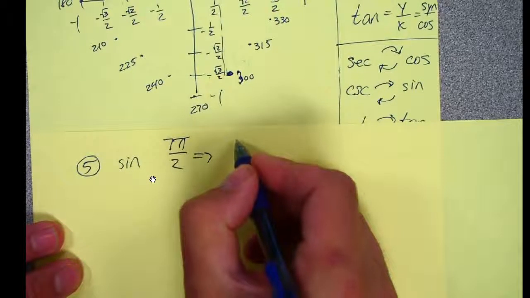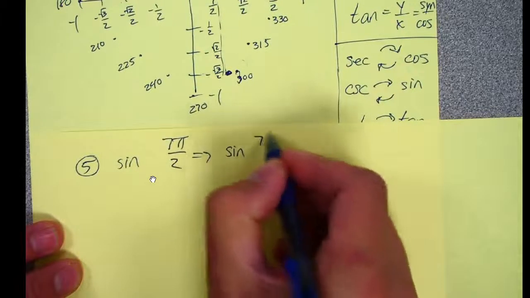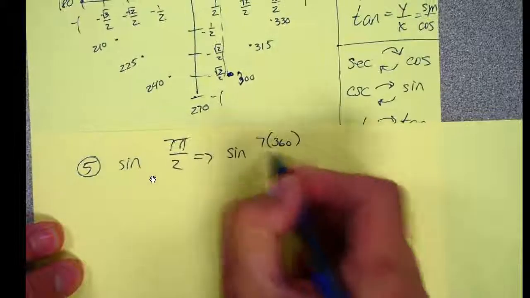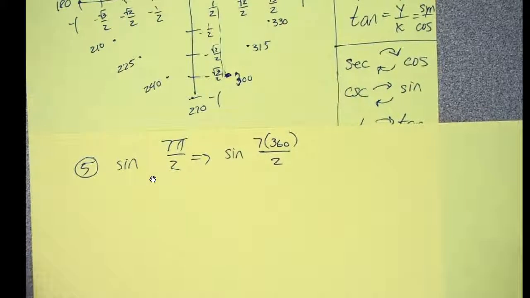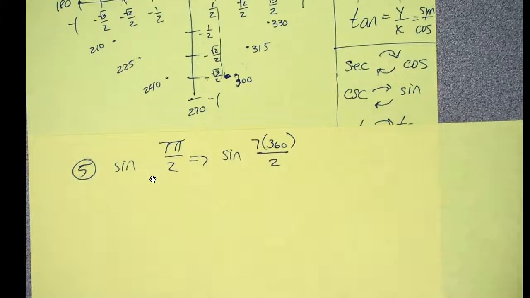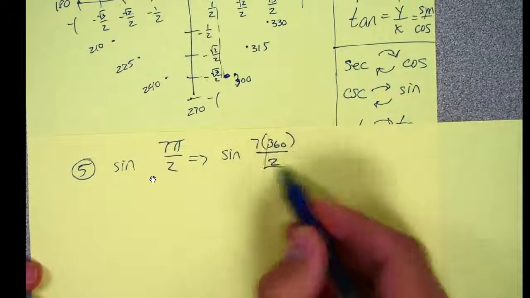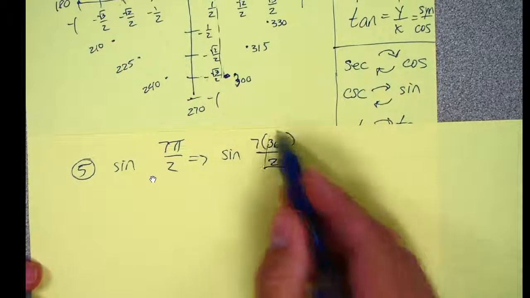So that is the sine of 7 times 360 over 2. I don't care what 7 times 360 is. I'm going to do it a little different, because that's too big to work with easily in my head. So 360 divided by 2 gives me 180. So I have the sine of 7 times 180.